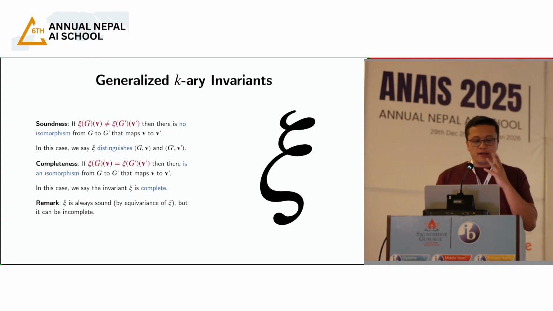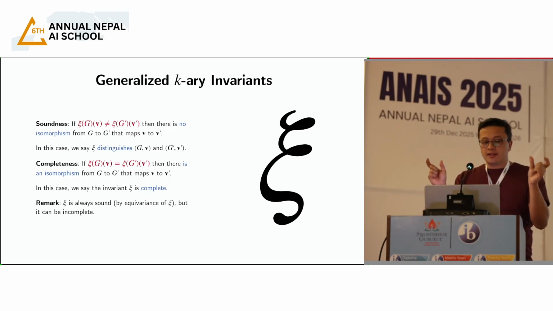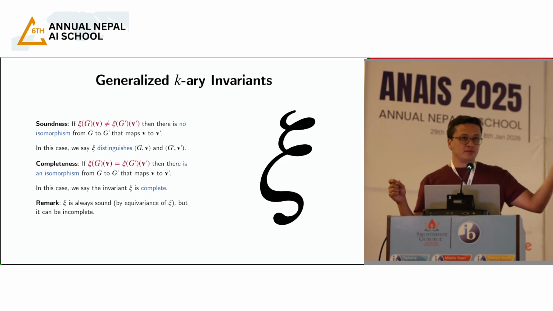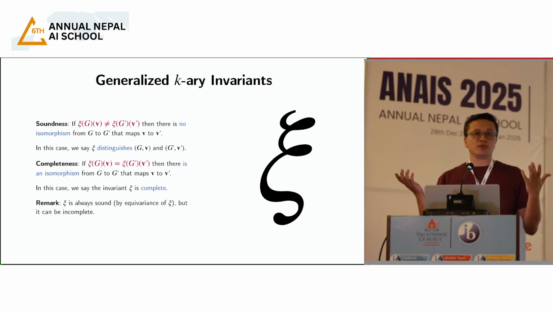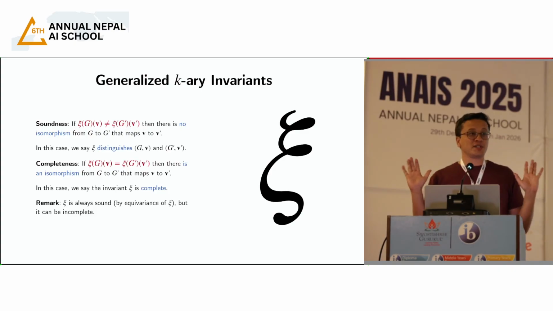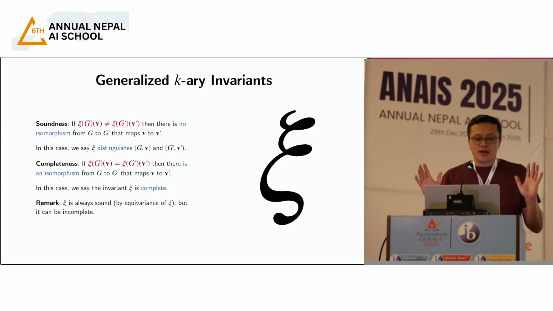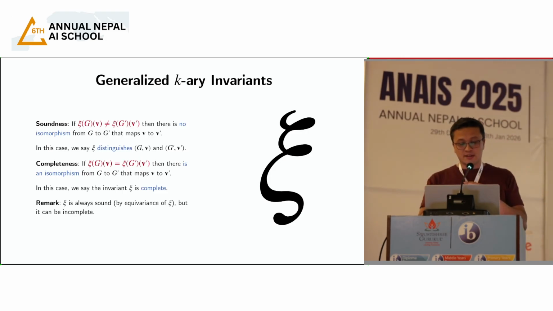So whenever the invariant tells me that these two k-tuples of elements are different, then there should not be an isomorphism from the respective graph to the target graph. This is soundness. Whenever it says no, they are not the same, the answer must be correct. And completeness is the same criterion: whenever it says they are the same, then there must exist an isomorphism from one to the other.